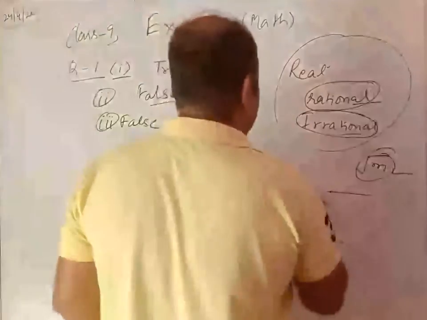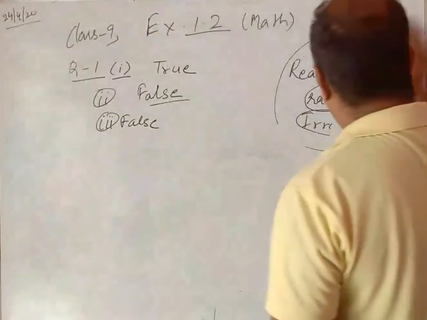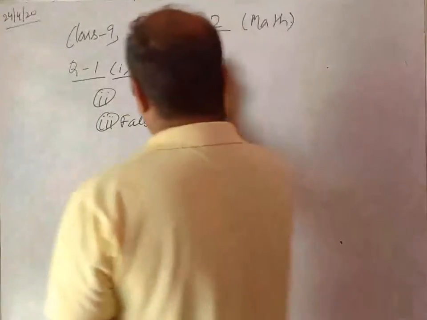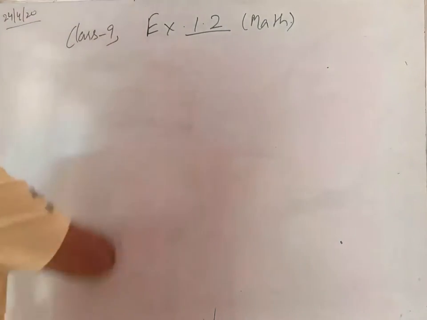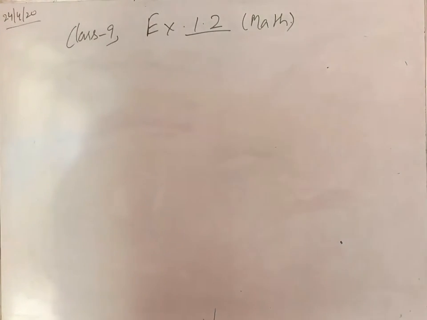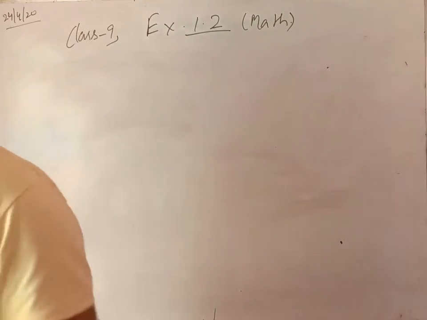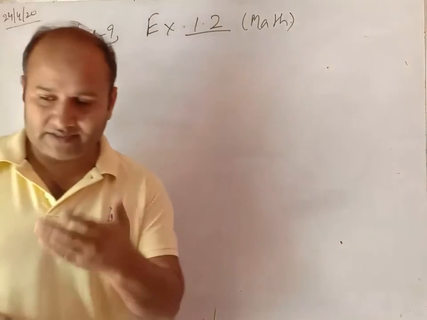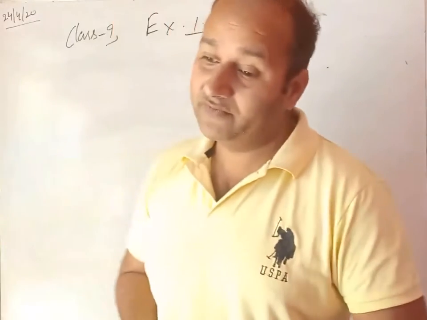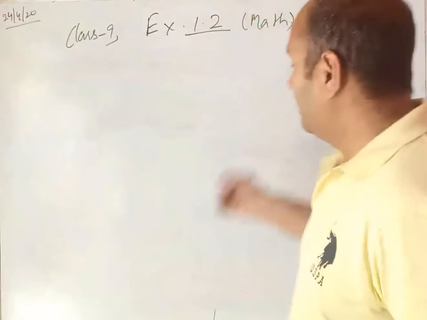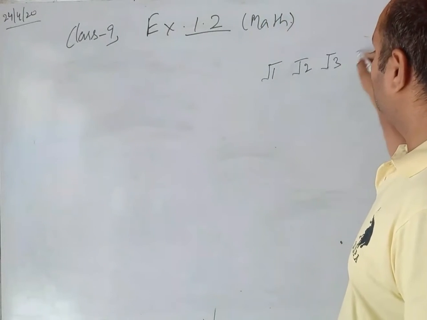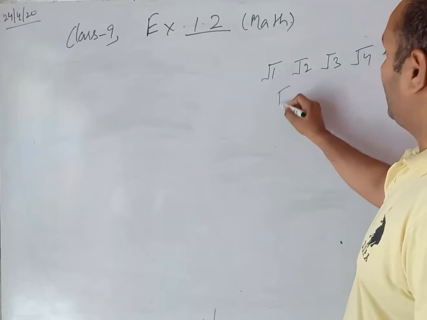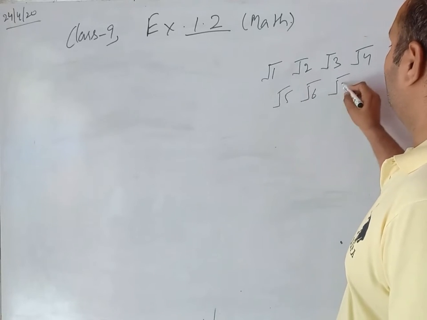He is asking about the square root of all positive integers: square root of 1, square root of 2, 3, 4, 5, 6, 7, 8.